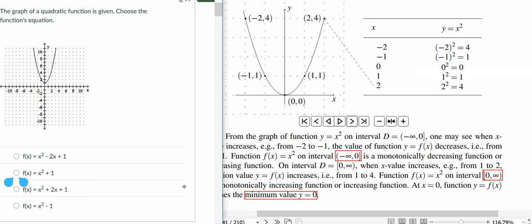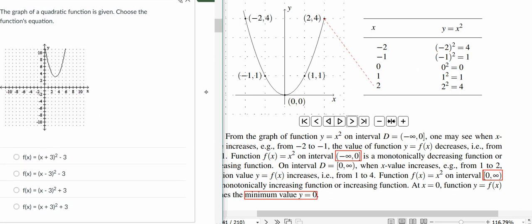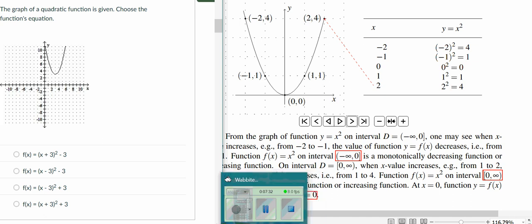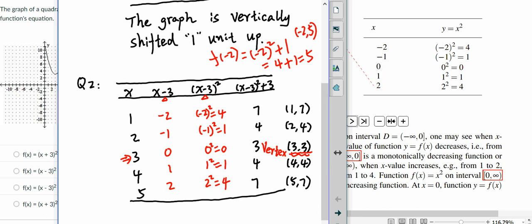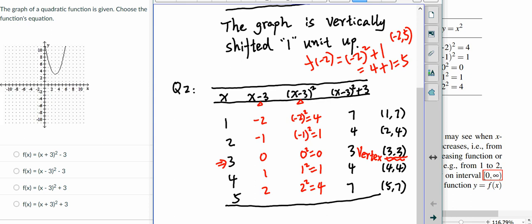Okay? Now, what about the second question? Second question, we're given a graph. We want to choose a correct expression. Now, here is the algebra, which is why we need to choose the expression x minus 3 squared plus 3, which is the third one.